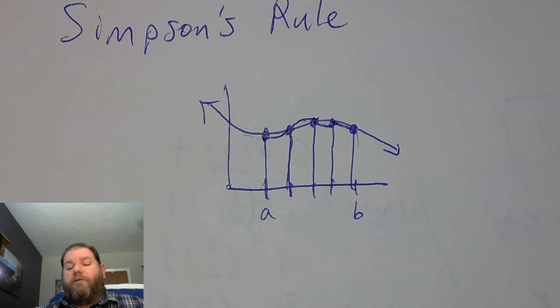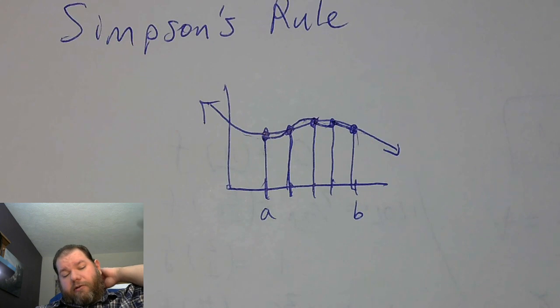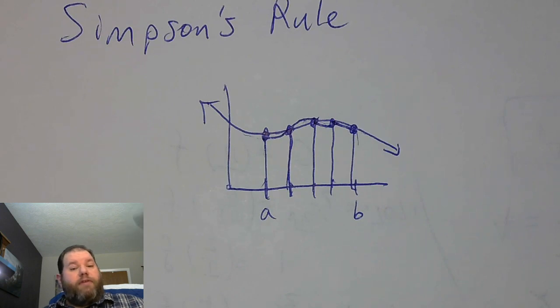So anyway, there are times the trapezoid rule will be more accurate. Generally though, I think we'll expect Simpson's rule to be slightly more accurate because of the curved nature of the tops of these graphs rather than the straight line nature.